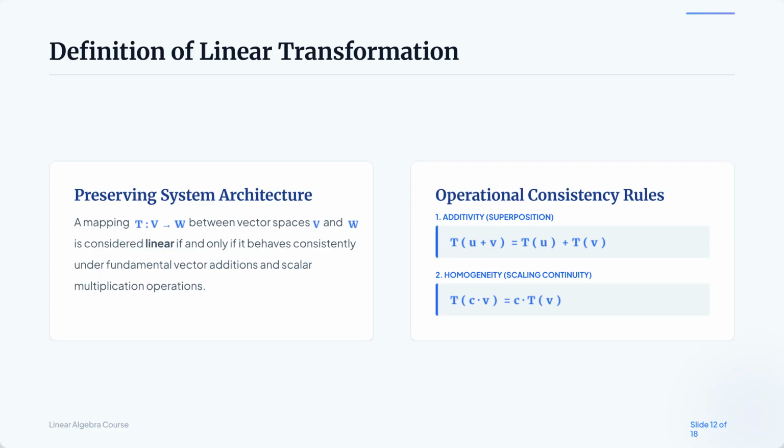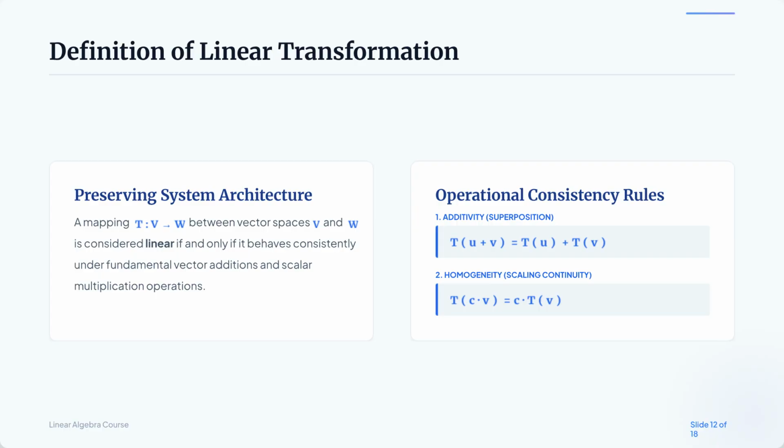So now we briefly define the notion of a linear transformation. A transformation is considered linear if it preserves the structure of the vector space. This requires strict adherence to the rules of additivity, where the transformation of a sum equals the sum of the transformations, and homogeneity, which deals with scaling continuity.